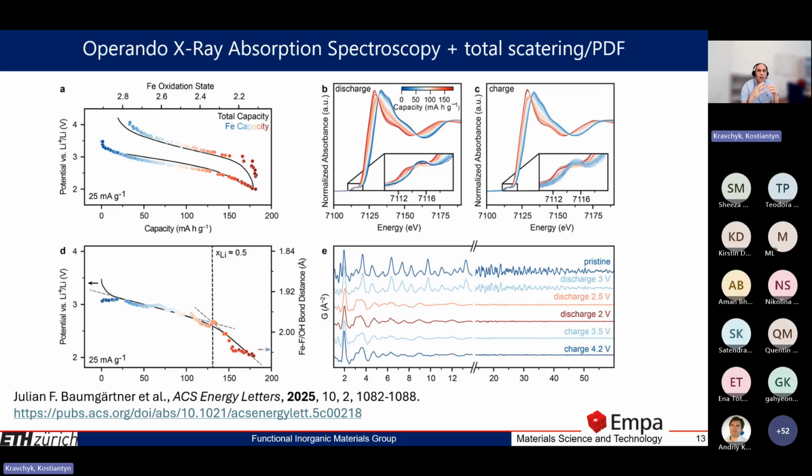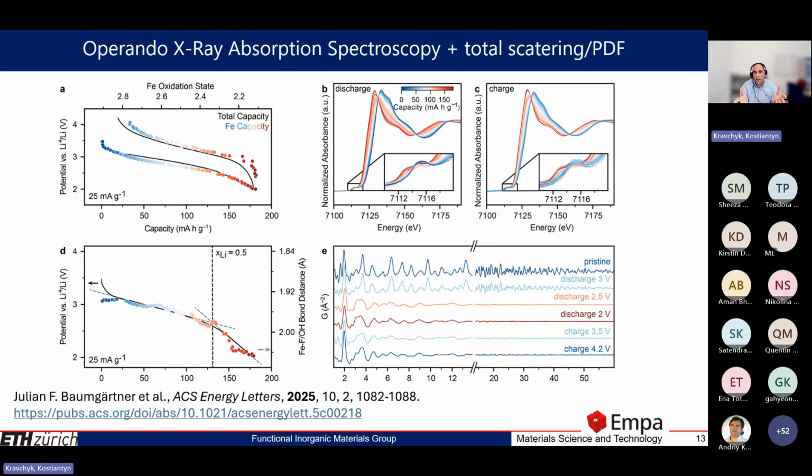You can determine the average oxidation state of iron as a function of discharge and charge, and therefore this information could be quite valuable to understand whether whatever capacity you measure is related to the real redox chemistry of your active material, or to some other processes.